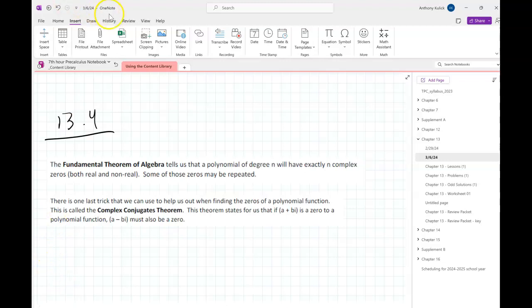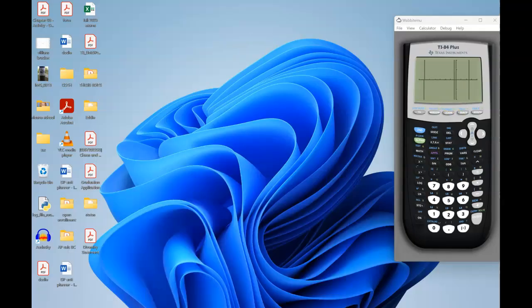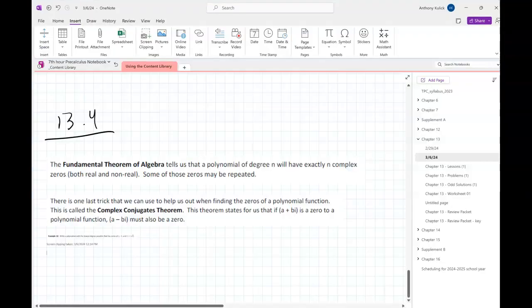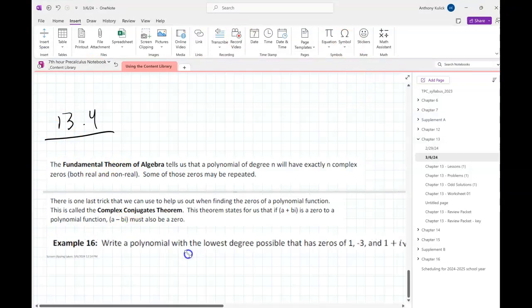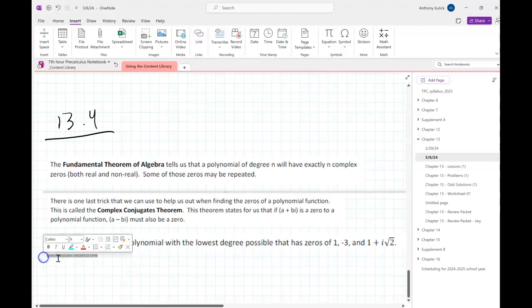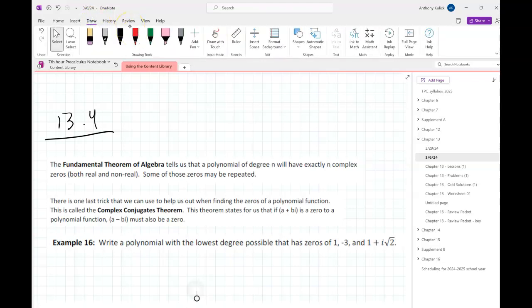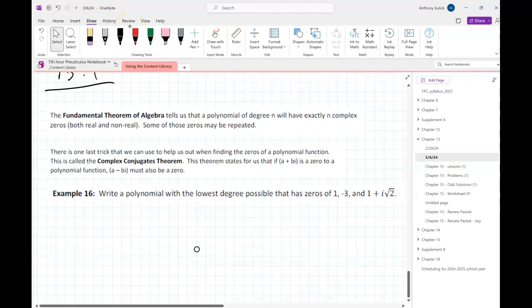So, for example, let's say we ask you to do the following. And we ask you to write a polynomial with the lowest degree possible that has the zeros negative 3 and 1 plus i root 2.